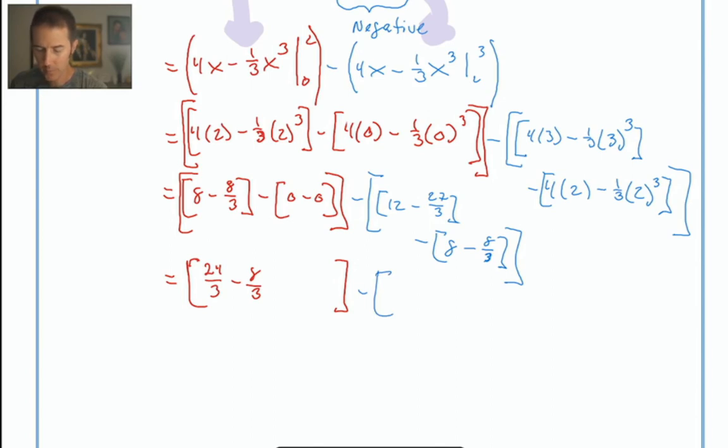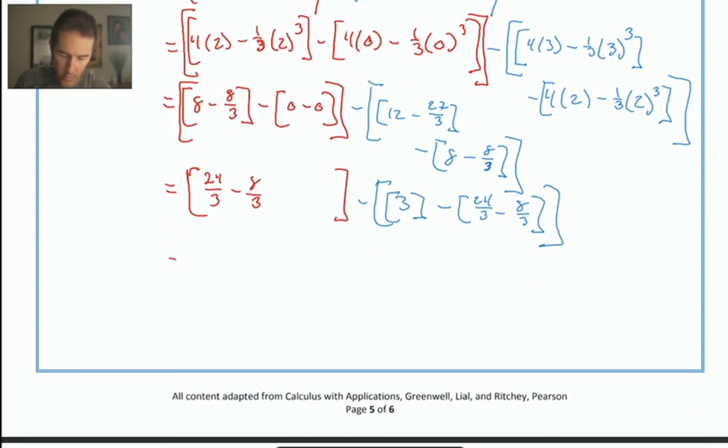That's the same thing as 12 minus 9, which is 3, minus 8 minus 8/3. That is 24/3 minus 8/3. 24/3 is the same thing as 8. All right, we're getting close, which is a good thing because we're almost out of real estate. 24 minus 8, 16.